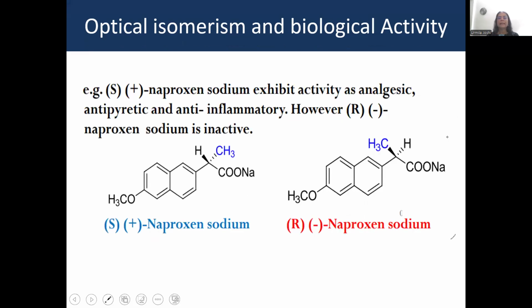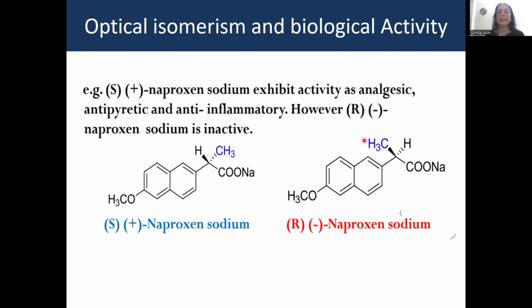Okay. Now let us see examples of optical isomerism and biological activity. S plus naproxen exhibits activity as analgesic, antipyretic, and anti-inflammatory. This is S plus naproxen. Now, when the other isomer is considered, that is R minus naproxen, it is inactive.